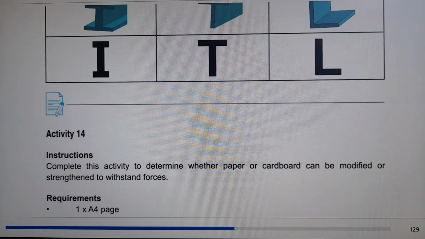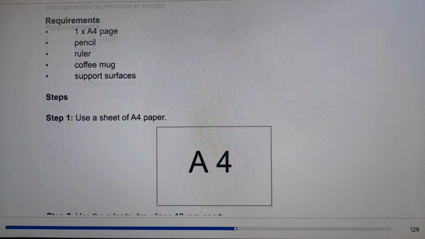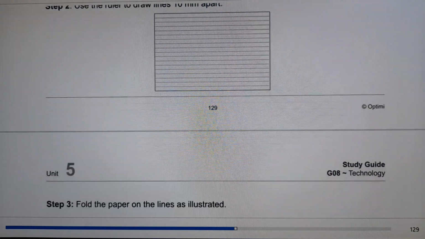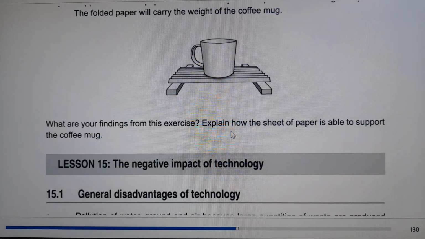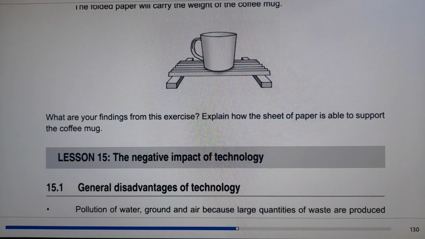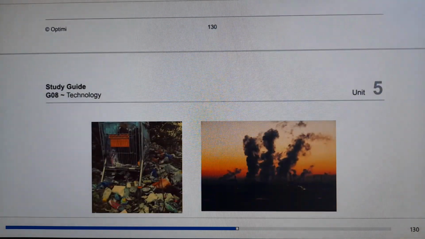And when you get to page 129, from here, activity 14, you skip this section all the way. 129, you skip the section. 130, you skip the section, and you come to lesson number 15, the negative impact of technology. You start writing from here again. So you skip only activity 14.